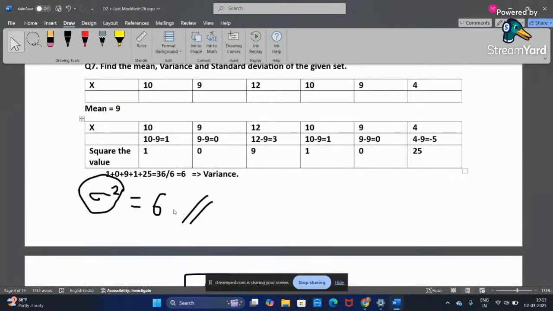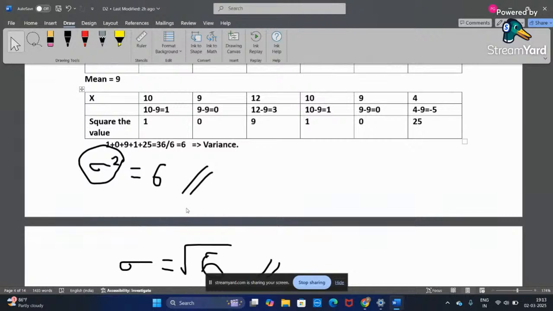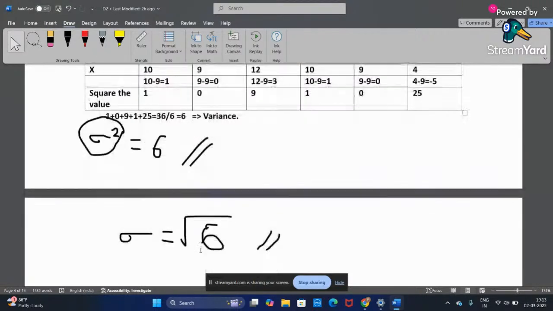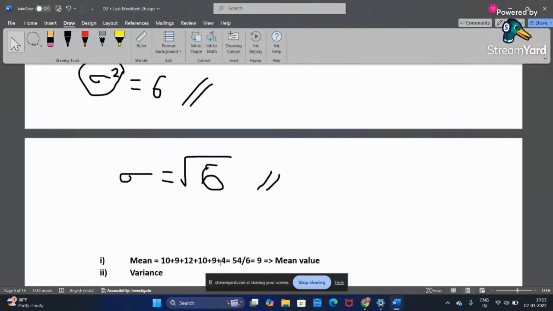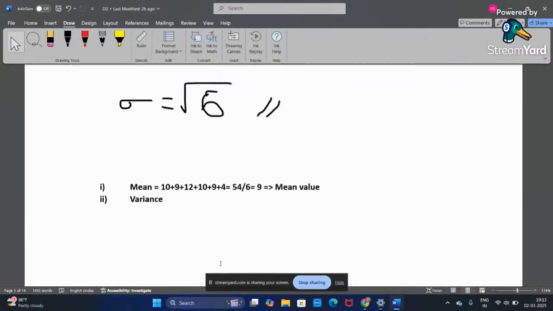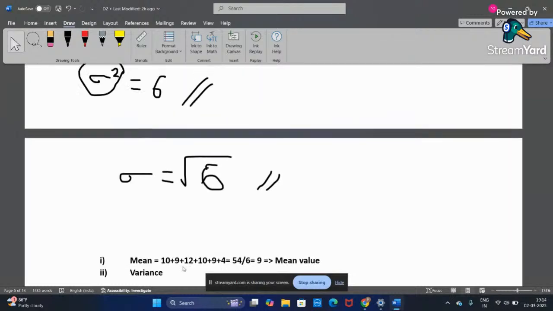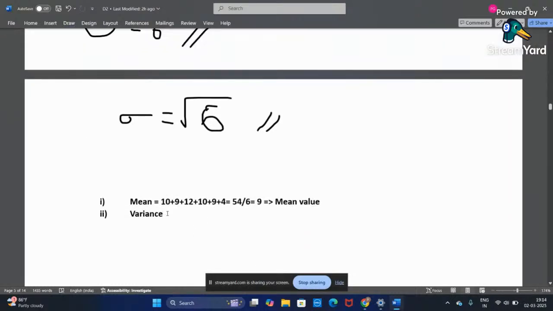The standard deviation value will never be minus; it will always be a positive number. Okay, fine. What is the variance value here? Variance is 6 and standard deviation is root 6.